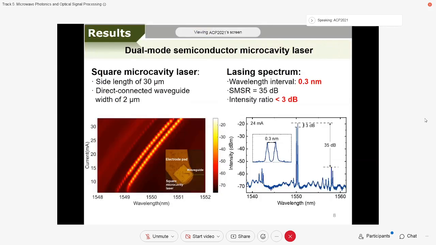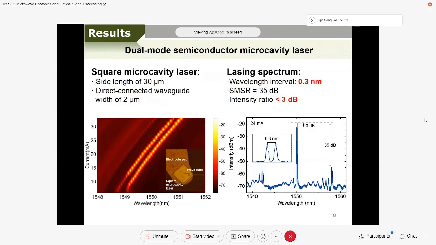Next, let me show you some experimental results. Firstly, the performance of the microcavity laser is shown in this slide. Inside the left figure is the macroscopic image of the square microcavity laser. The microcavity laser has a side length of 30 micrometer and a directly connected waveguide width of 2 micrometer.